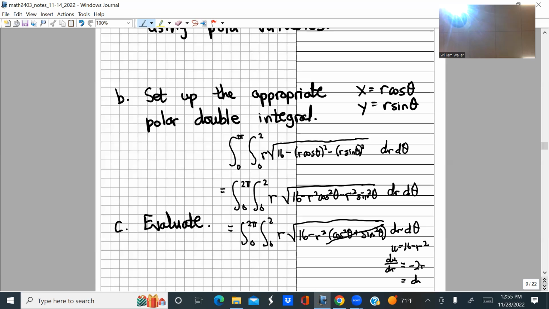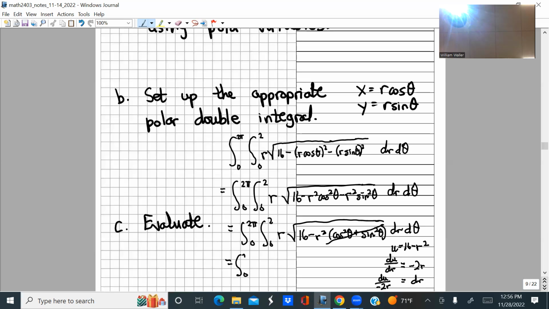Which means dr is what there? du over minus 2r, is that right? du over minus 2r. So let's make this substitution.